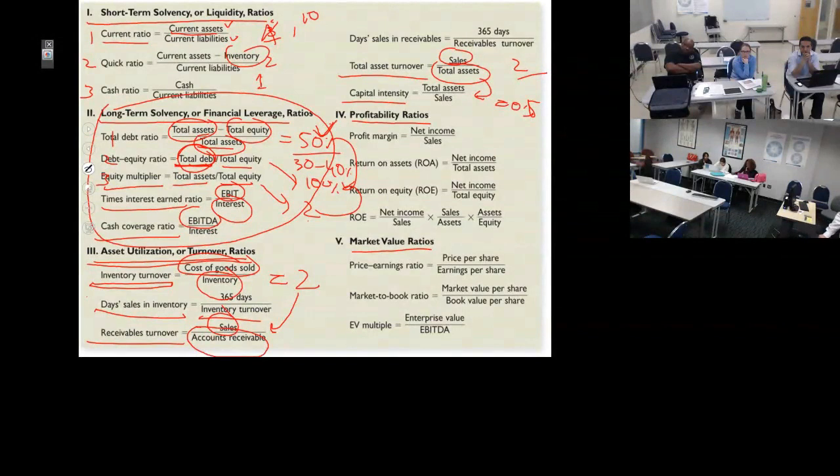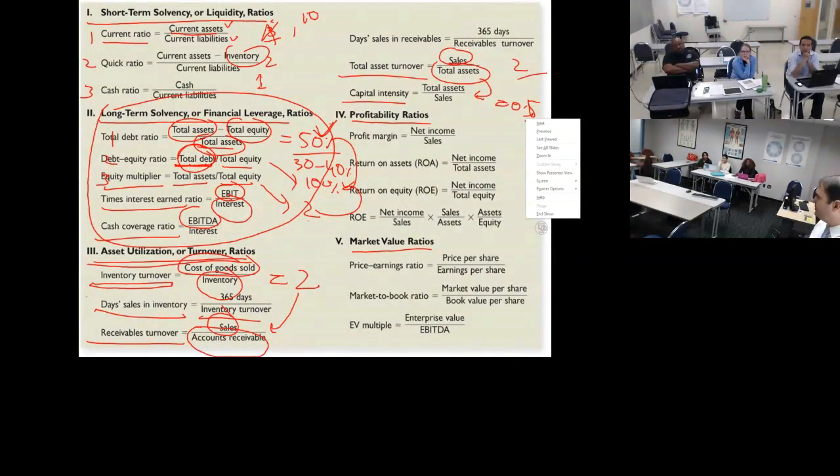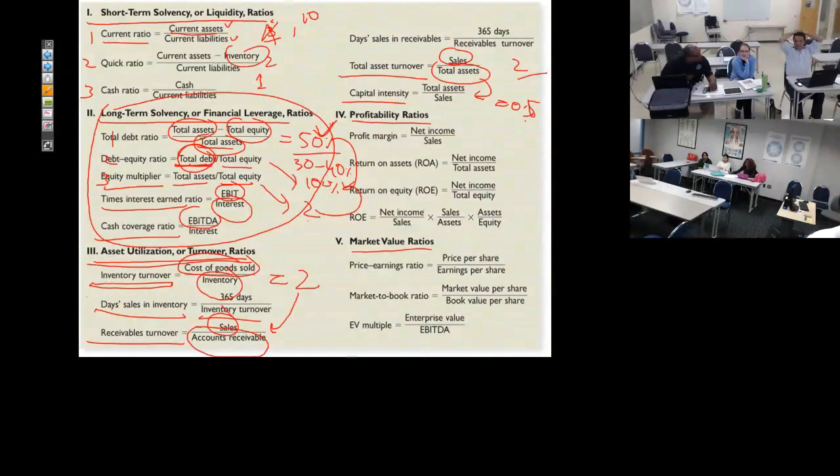What does that mean? Capital intensity. In other words, it takes $0.5 in total assets to make a $1 sale. This can be 0.5, for example, assets are 1 and sales are 2.